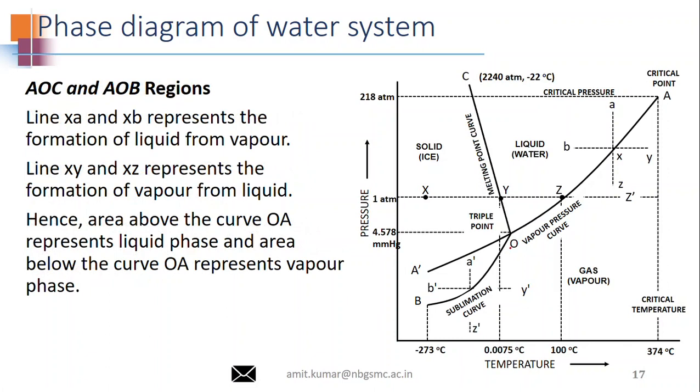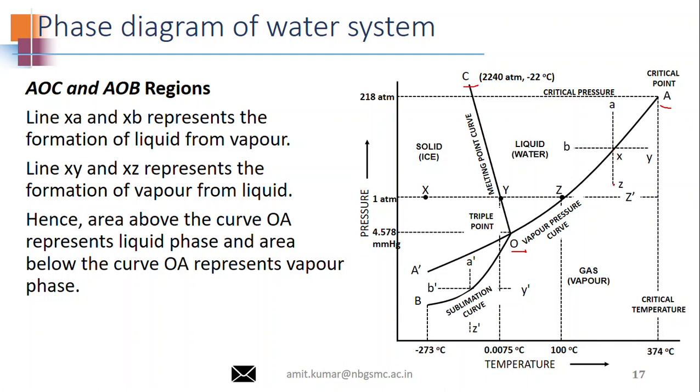Now let us look at the regions. Previously we were looking at the boundaries, phase boundaries. Now look at the region. We have AOC, going from A to O and C, and we have the AOB region. Now here the lines XA and XB represent the formation of liquid from this phase boundary.